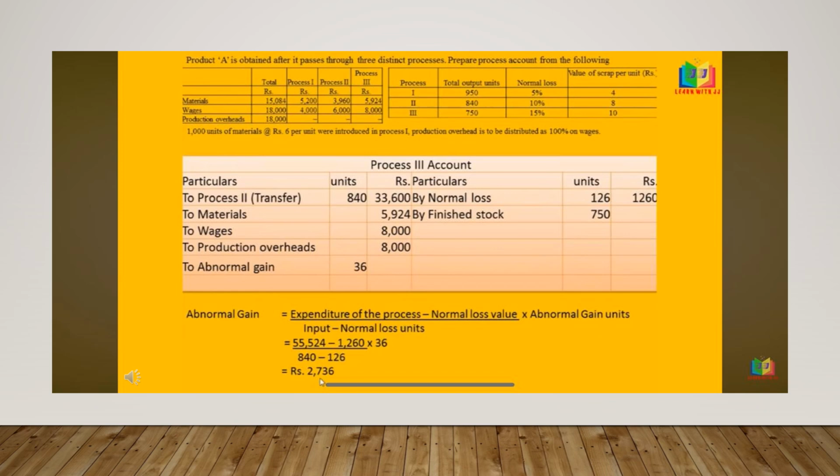Now by finished stock is given as 750 units in the question. Since this is the last process, we have to consider the finished stock, that is 750. Now when we add 840 and subtract 126 and 750, we get a balance of 36 on the debit side, which is nothing but the abnormal gain.